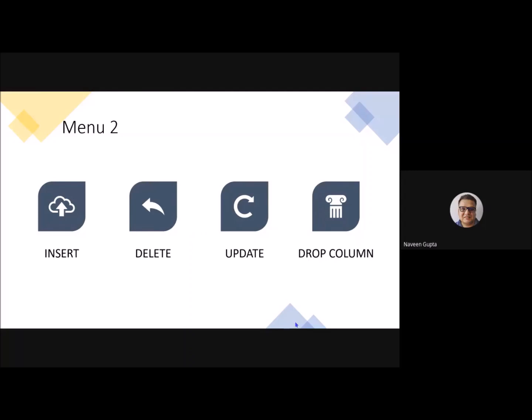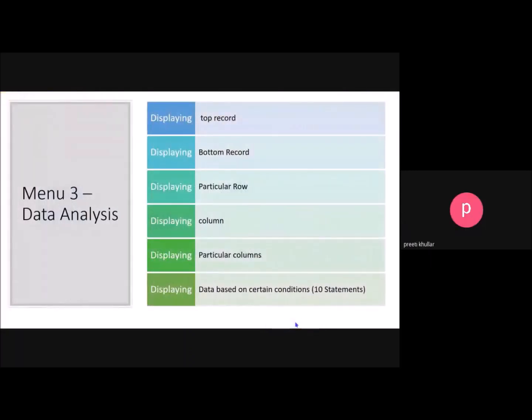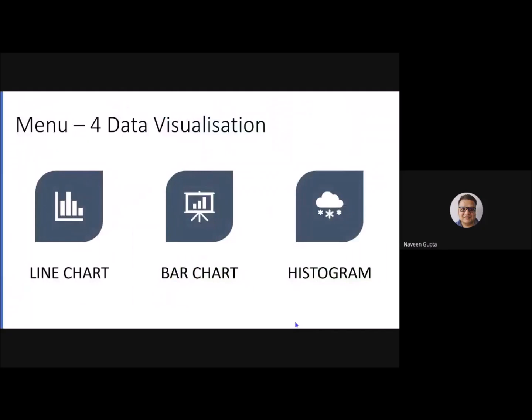Then in menu 3, we can display the top records, the bottom records, the columns, a particular column, and the last portion, data based on certain conditions, wherein we can write 10 statements of different analytics so that he can display.